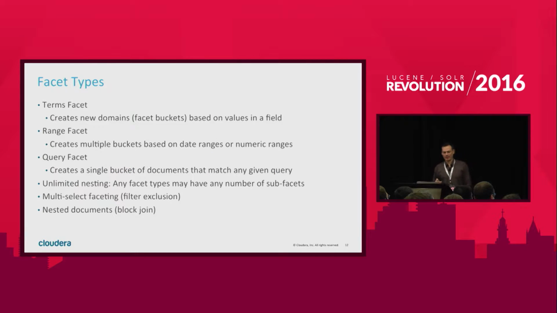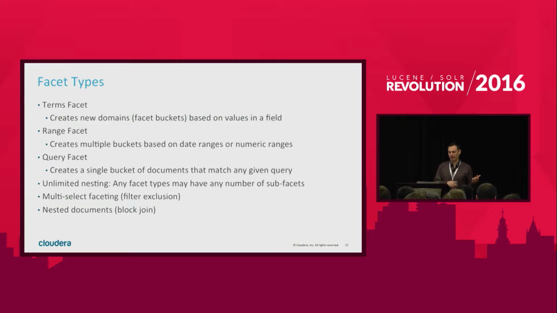And we have a lot of facet types. The terms facet, and the range facet, which would be good for, say, histograms when you want to break things up into date ranges. And the same thing for numeric ranges. You can break things up into salary ranges, whatever you want. Query facet makes a facet bucket out of the set of documents that match an arbitrary Lucene Solr query. So that could be very powerful. We can nest these things without limit.